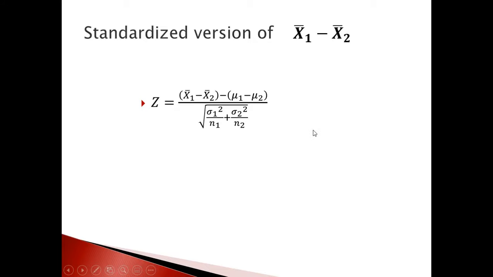In general, we can denote this as Z has a normal distribution with mean 0 and standard deviation 1. This is how we denote it in general.